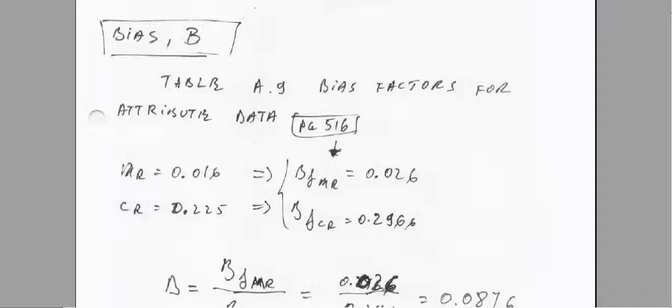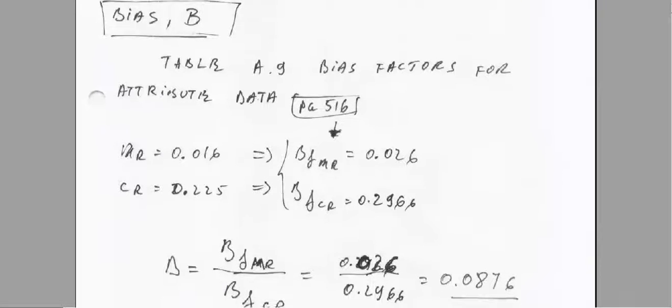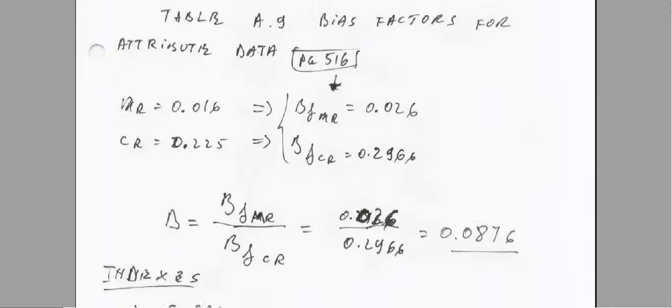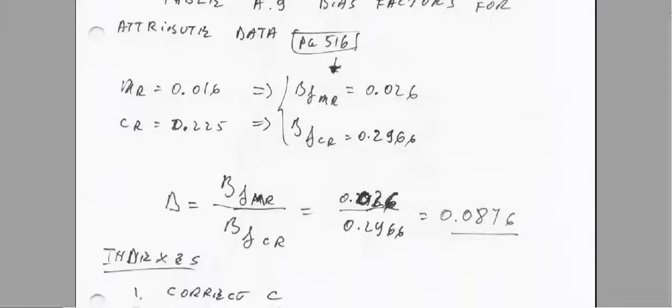For attribute data, we also can calculate the bias, and we're going to need a table which I'm going to present later. We talked about manufacturing risk and consumer risk. Once we calculate them, we have to look into a table to convert these into a bias number. So we're going to look up the BF manufacturing risk in a table.